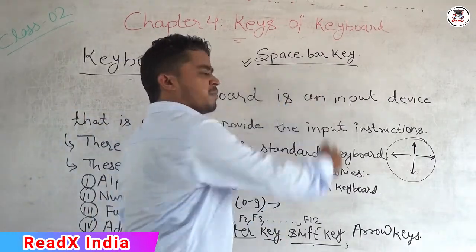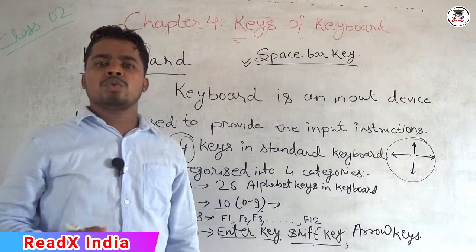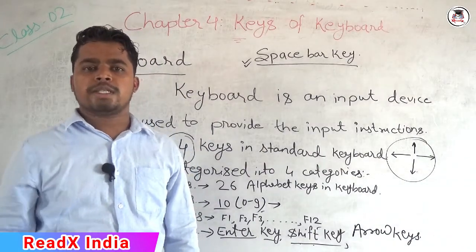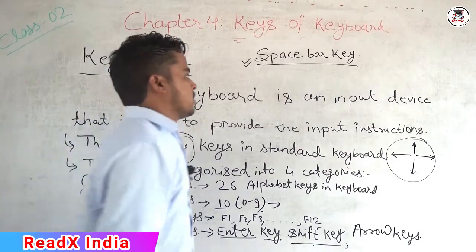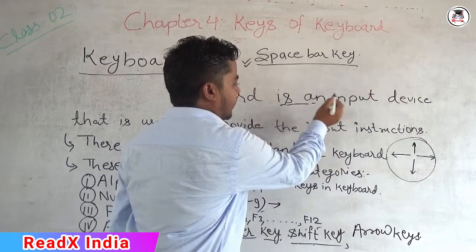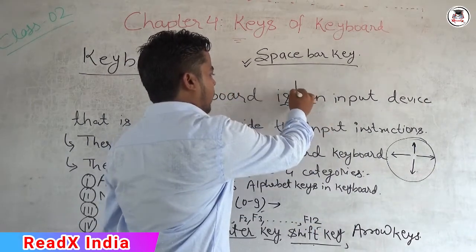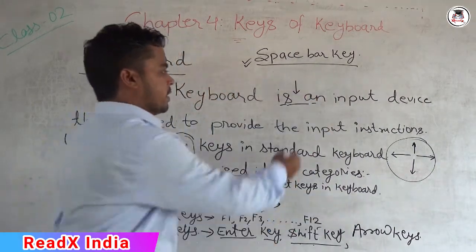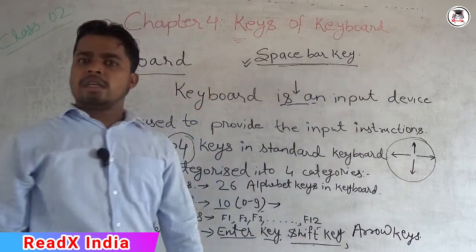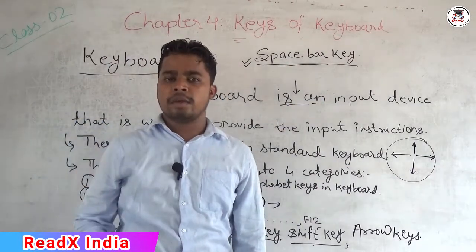This space bar key is used to give the space between two words. Suppose here you can see in between is and n there is a blank space. So this space can be given by using the space bar key.